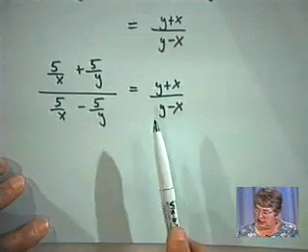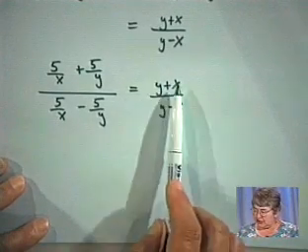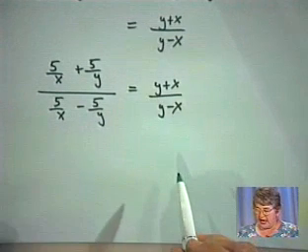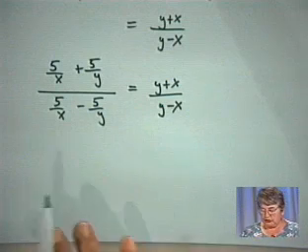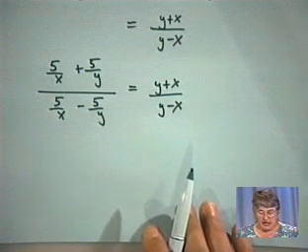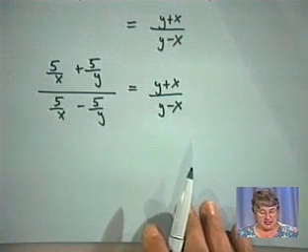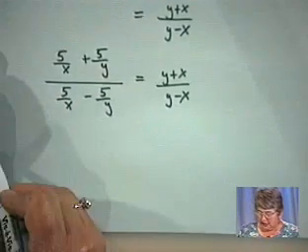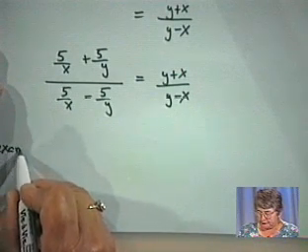Remember, once again, we cannot cancel the y's, we cannot cancel the x's, because we need factors to simplify. So we simplified this particular complex fraction, and we were able to write it as a rational expression.